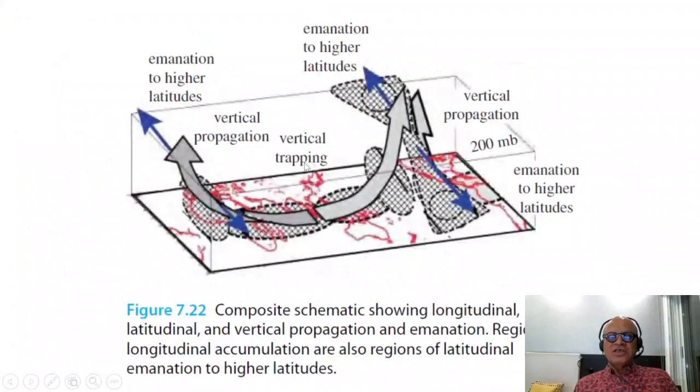You can look at this in this schematic here, the composites showing the generation of waves and emanation to higher latitudes.